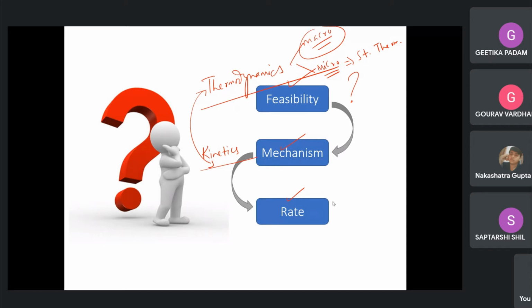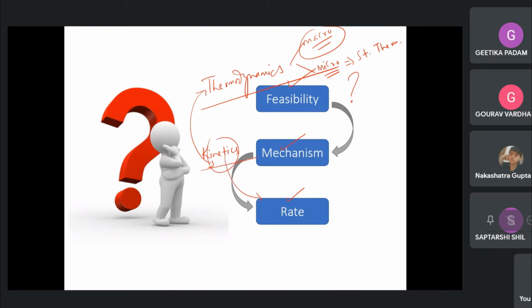So you also have to establish what time will be taken for the completion of the process. And interestingly, kinetics also helps you to get the idea of rate.